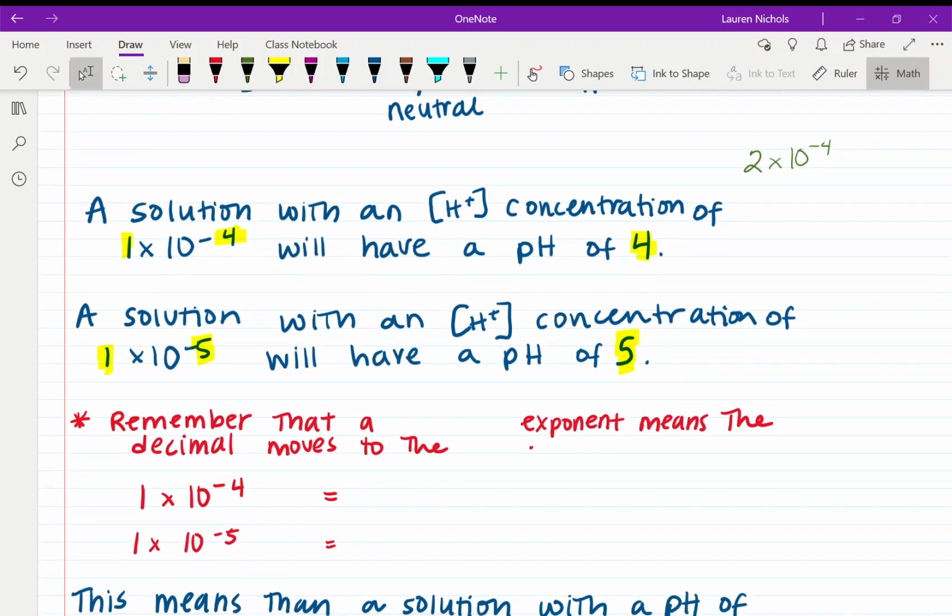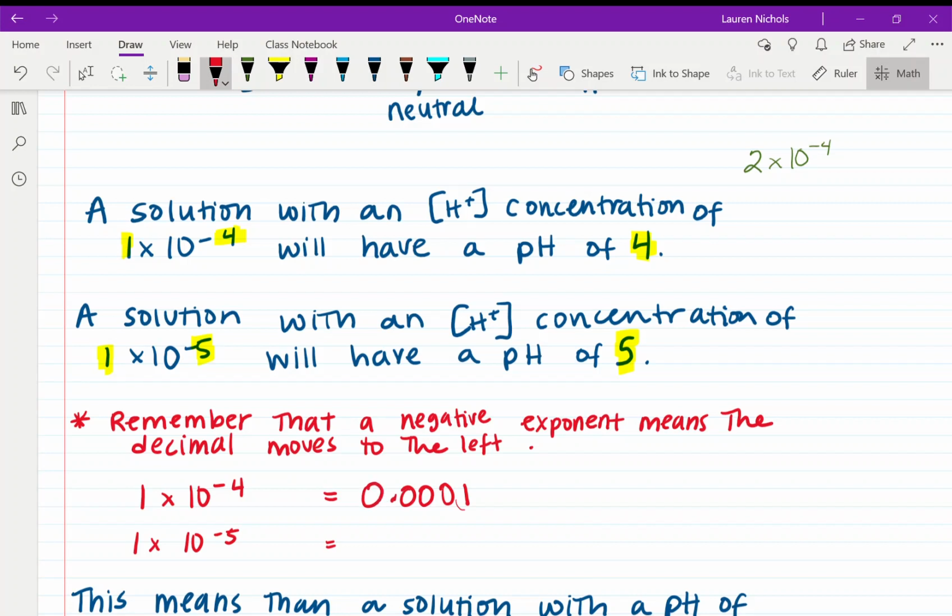But when you're looking at scientific notation, it's important to remember that a negative exponent means that the decimal moves to the left. So, for example, if we have the number 1 times 10 to the negative 4, we move our decimal over to the left 4 times. So 1, 2, 3, 4.